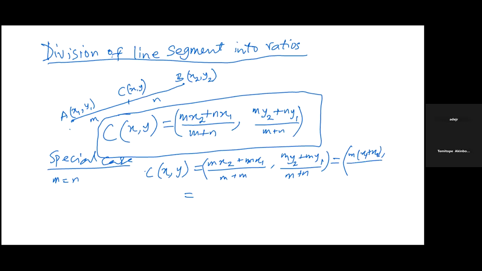Then factor out M in the second coordinate, M into (Y1 plus Y2), also over 2M.